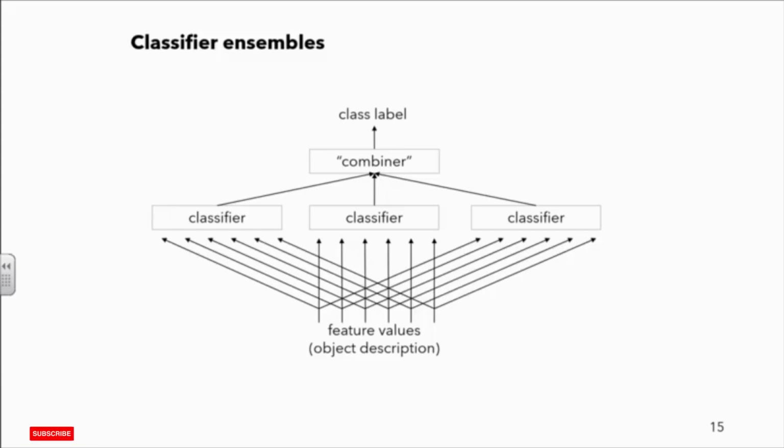That's the same data, and then we have a prediction. Maybe it says this is class 2. And that says this is class 2. And maybe this one says this is class 1. Somehow we need to combine these results into something. What do you think the class should be?